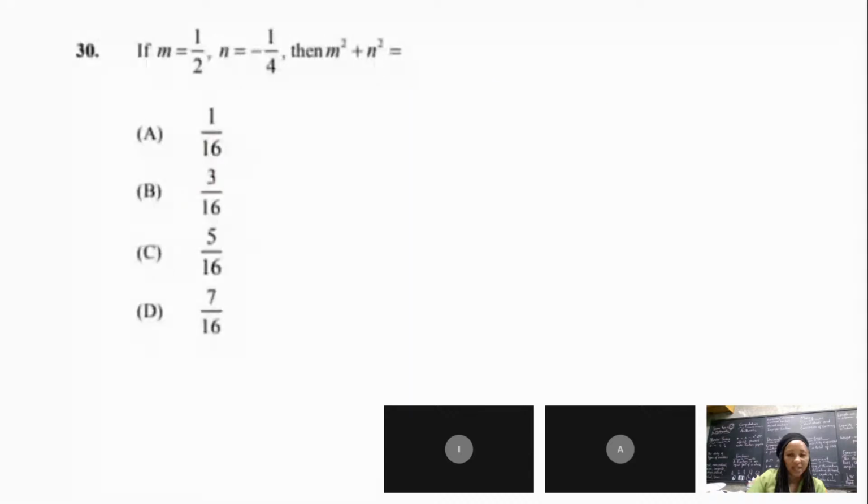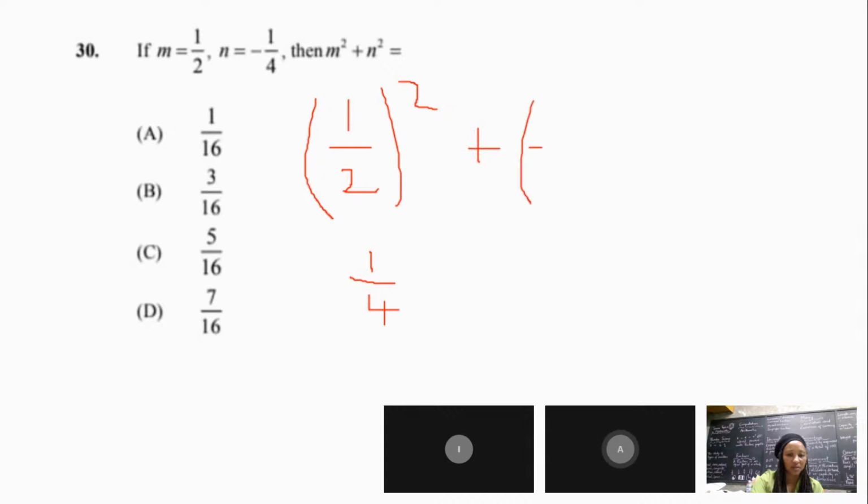Number 30. So that's for you, Asar. If m is equal to negative a half, n is equal to a quarter, then m squared plus n squared is equal to. So that's a half squared, which is a quarter, and a quarter squared, which is 1/16. Negative or not, it's basically the same thing, because we're squaring it.